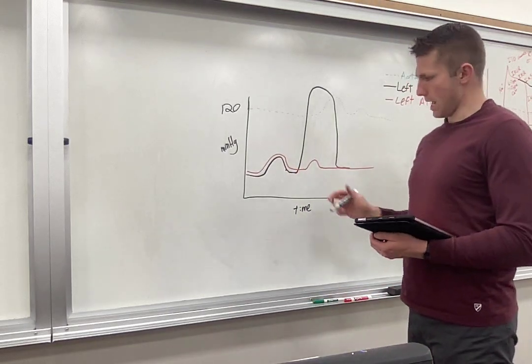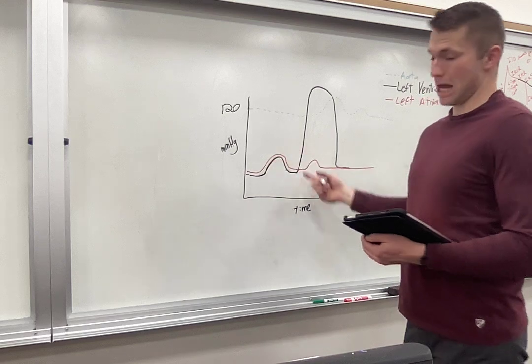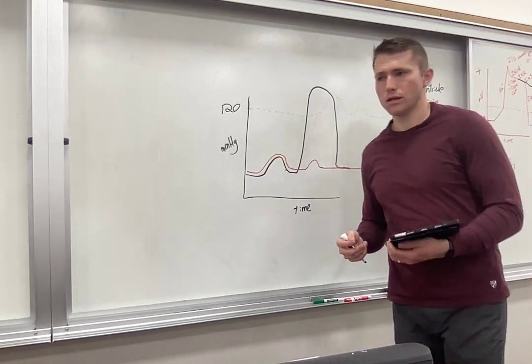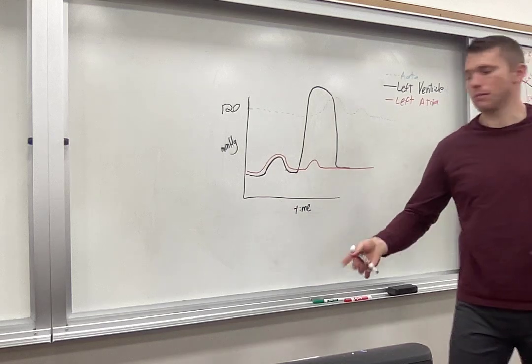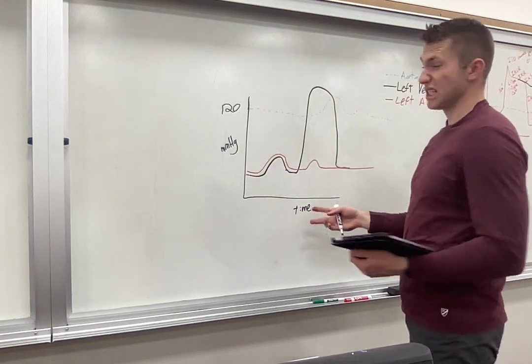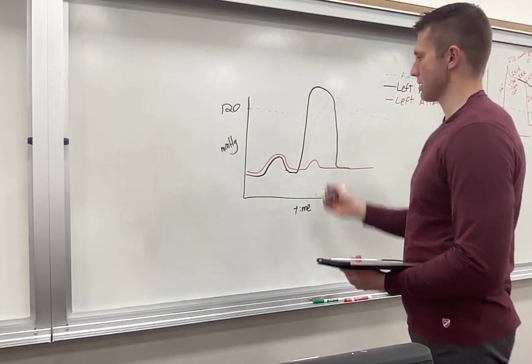Naturally, the ventricle just got blood pressed into it, so the ventricle is going to be showing some pressure. So the pressure will go up. But then contraction of the ventricles occurs. Bam.